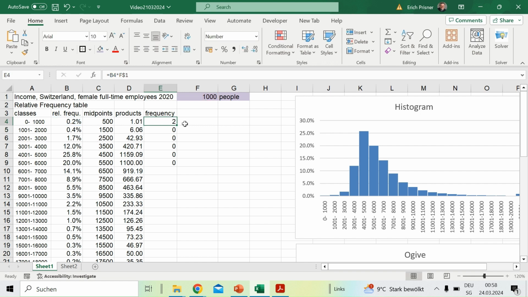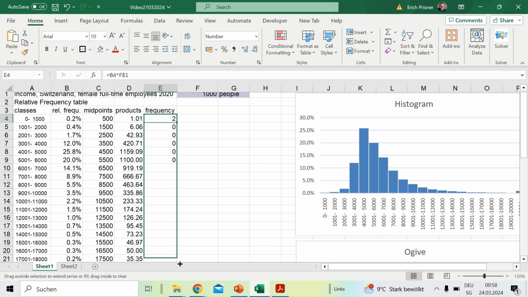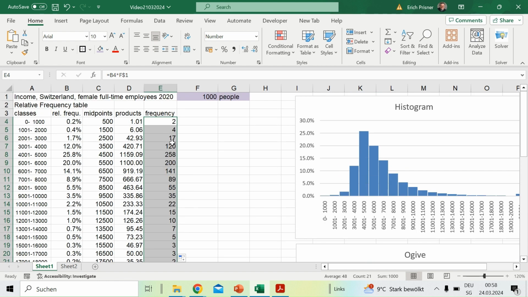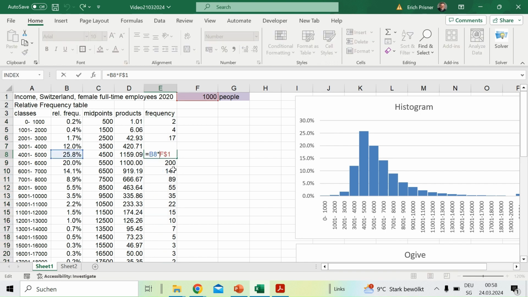Okay, let me try to pull it down again. So we pull it down, and here we go. You see, everything falls into place. Let me just show maybe one example here again. B8 times F$1, not F dollar something, but rather F$1.